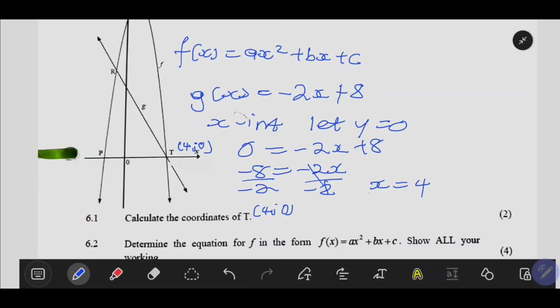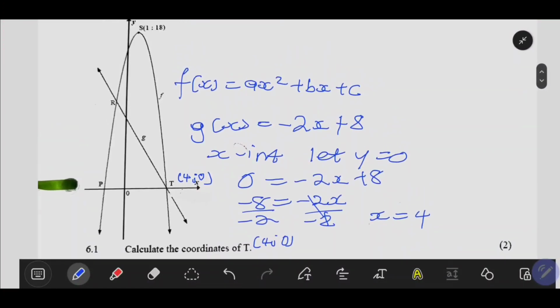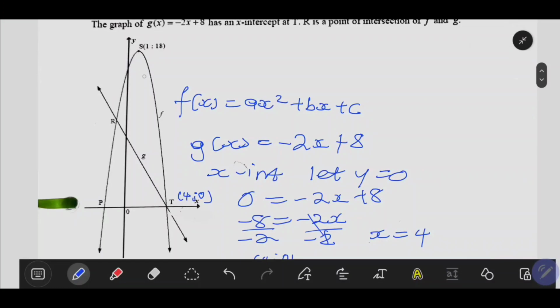Then the second question says, determine the equation of f in the form f(x) is equal to ax squared plus bx plus c. Then they say show all your workings. So in this case, if you observe, we are given the graph of f(x) and g(x). So from the graph of f(x), because we want the formula for it, you can see that we are only given the turning point and at least 1 point on this graph.